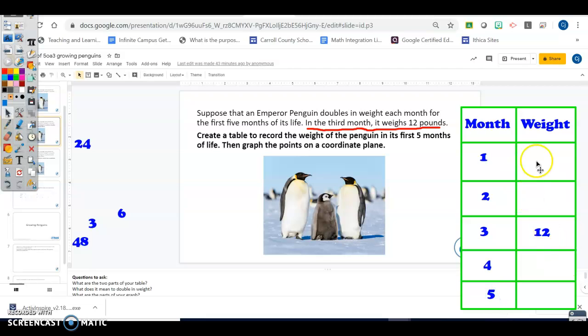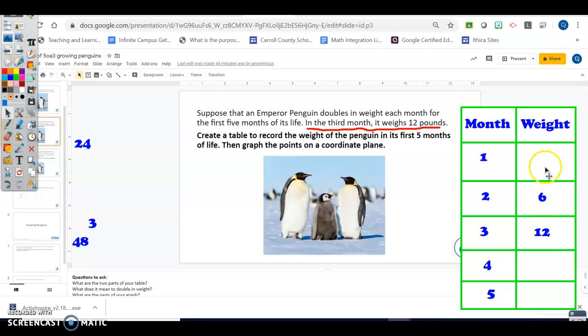And since I know that the weight doubles each month, if it's getting bigger as it goes into months 4 and 5, it's also going to weigh half as much in months 2 and 1. So what number do I double to get 12? It would be 6. So in month 2, it weighed 6 pounds, because 6 doubled would be 12.